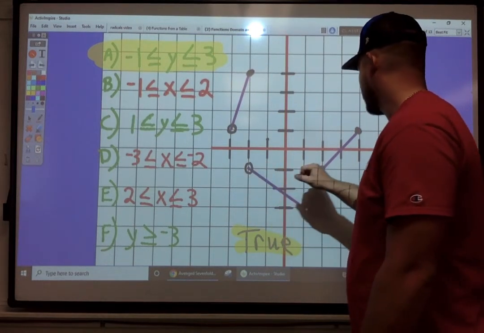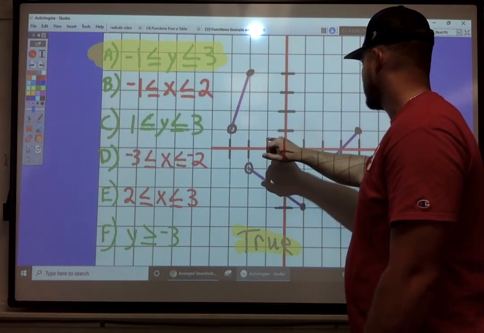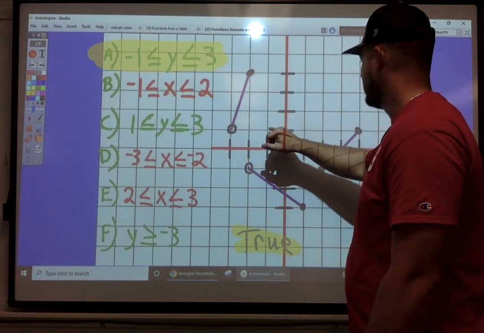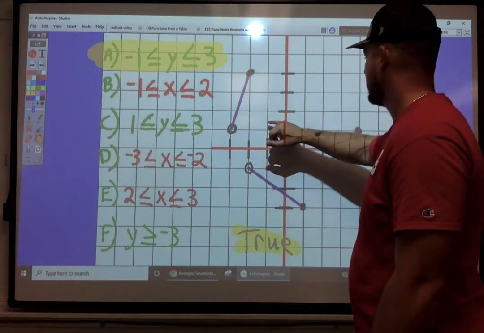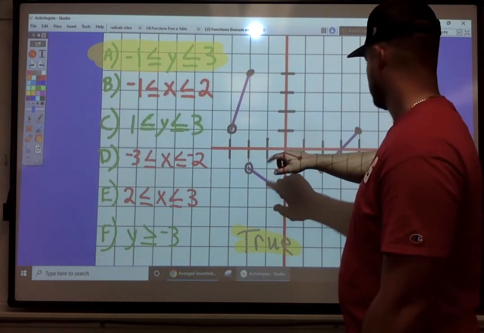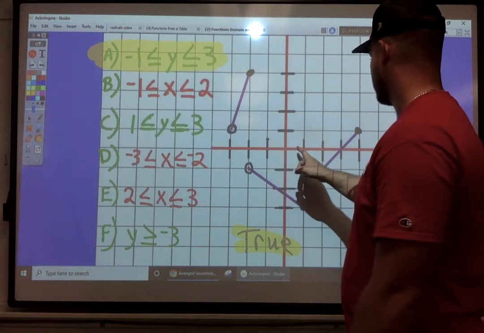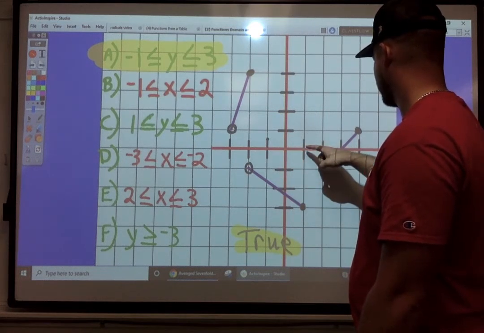I got a gap here, but I got a solid dot here. So I'm good. Going up still. And then at 1, oh, we got a gap. But if I go over here, I'm good. So I'm still going up. Boom. There is at +2. Sorry, I'm at y. Hold on. We're at -1, going to 2. We're good. We're good. We're good.